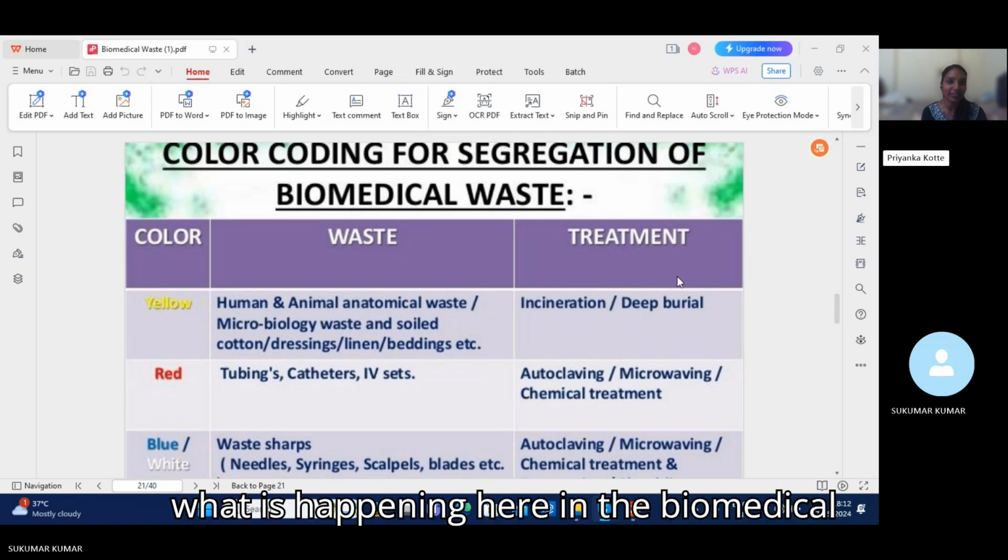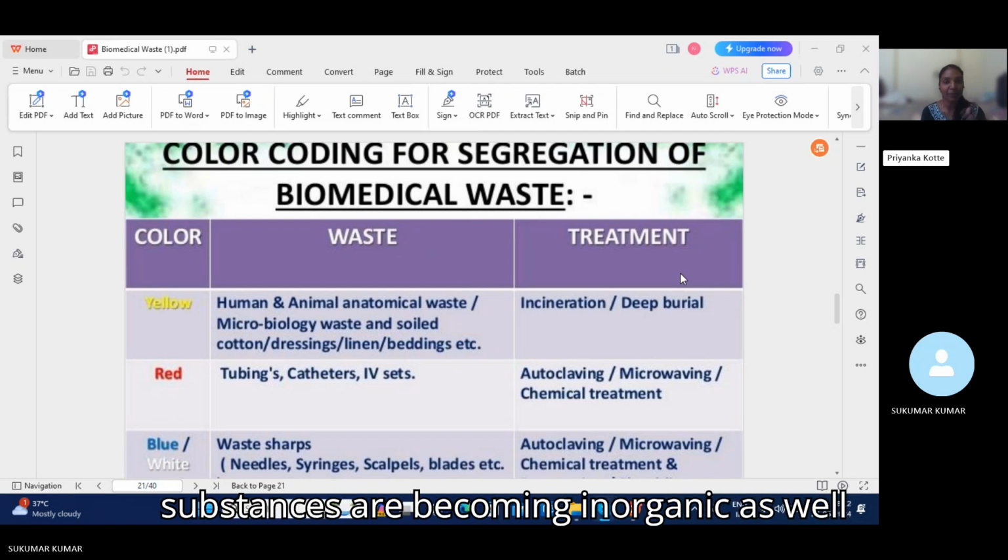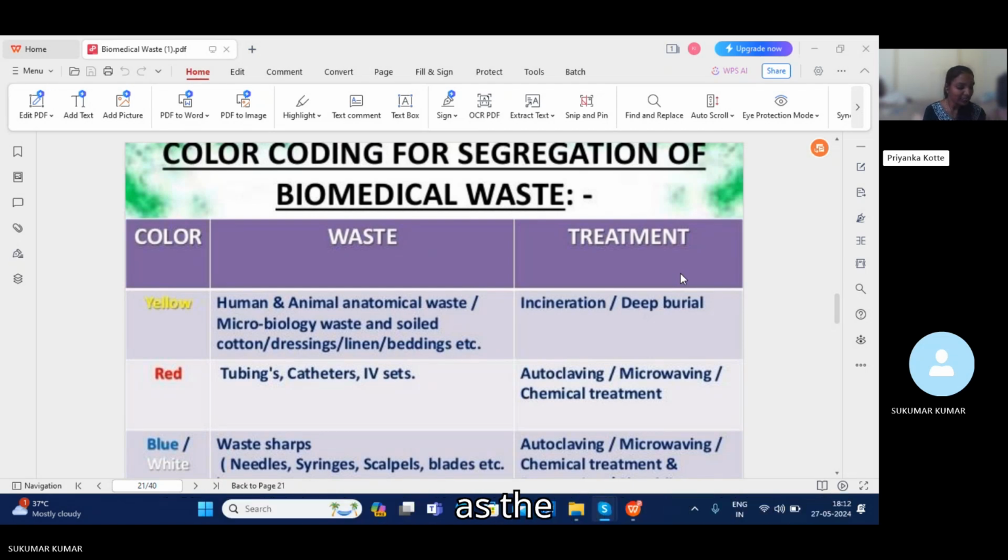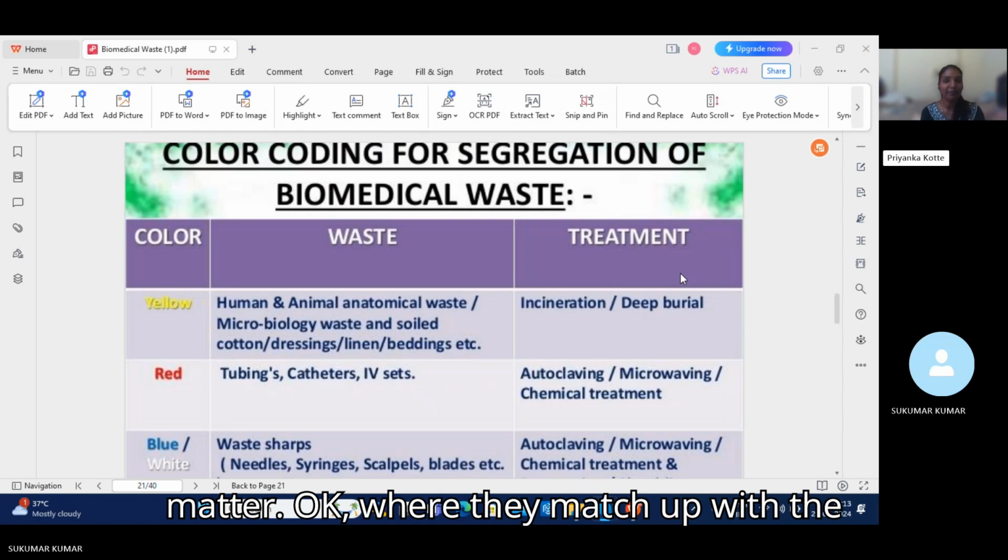What is happening here in the biomedical waste management technique is that the organic substances are becoming inorganic, and the combustible matter is becoming incombustible matter. They match up with the oxygen and they become fire, right? So this is the process that goes on in incineration.